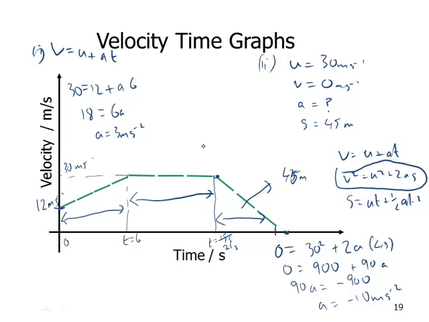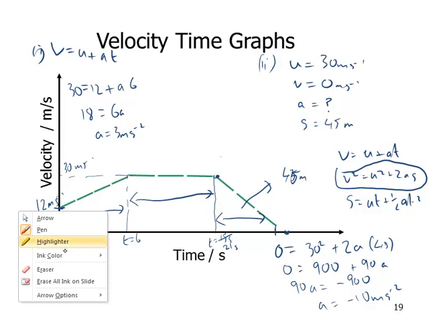So we've got those 2 first parts worked out. Now we don't need the velocity time graph for those 2 first parts. In fact, they don't do anything for us. What I want to say about velocity time graphs is why we use them.